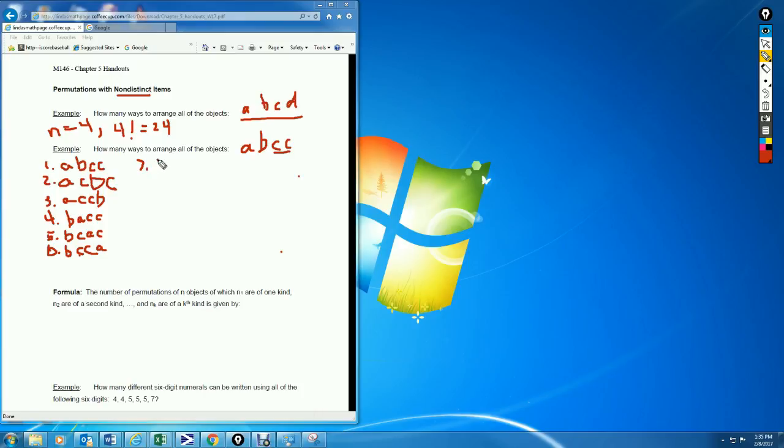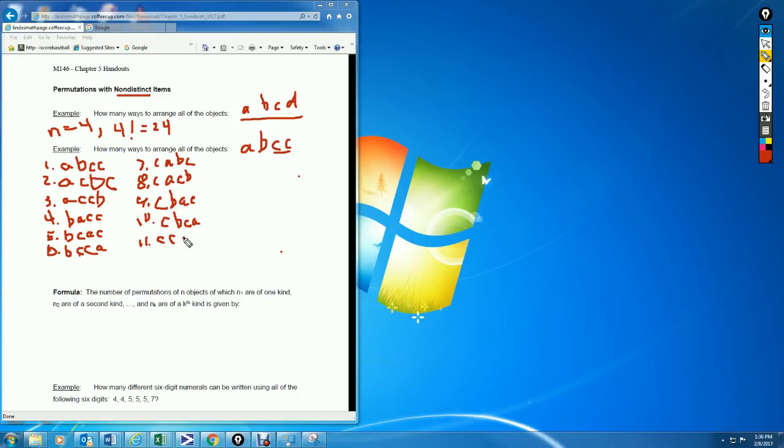So let's start again with C in front. So we could have C, A, B, C. We could have C, A, C, B. Now let's put B here: C, B, A, C. Let's keep C here, of course, and C, B, C, A. Okay, the only other thing we haven't done is C in the second position.